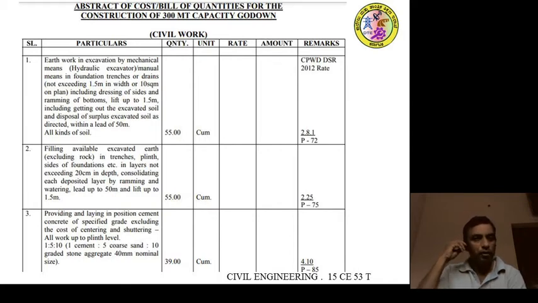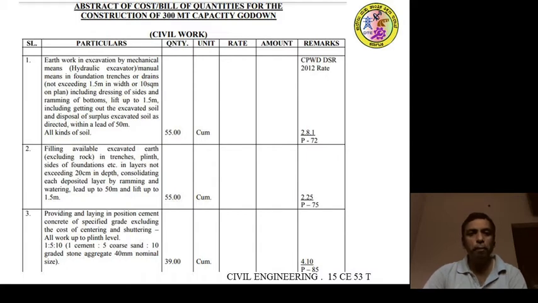Here, the first serial number shows the earthwork in excavation by mechanical means. That gives the brief description of the work. It may be excavation work, or concrete work, or masonry work. That specification of work will be shown in the particular column.